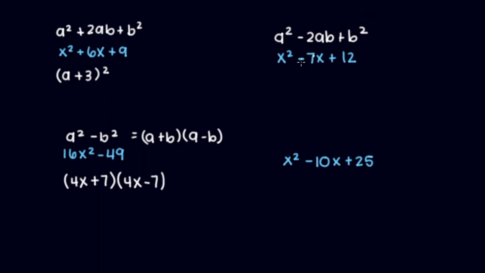Now we can immediately look at this 7 and see that it's not an even number, so it's most likely not going to follow this pattern. If we look even more closely, we have x as a, and we cannot take the square root of 12. So we know that we cannot factor this example using a special factoring pattern, but this does indeed factor in a different way.